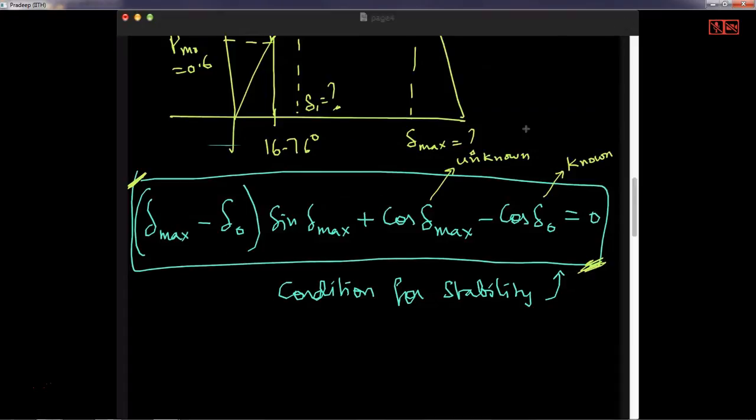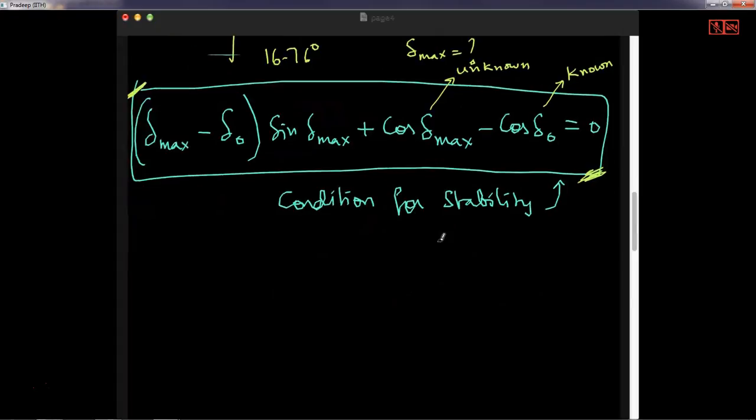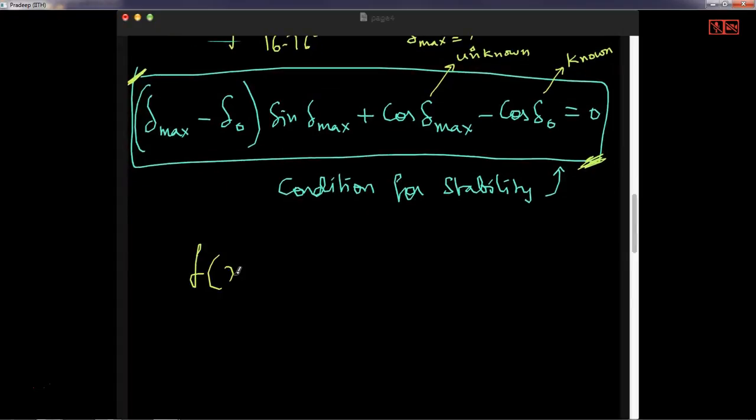So this is my condition for stability. Delta naught we already calculated just now, 16.76 degrees. I want to calculate this function, represent it as f of delta max, equal to 0. So this function value I want to make it 0.